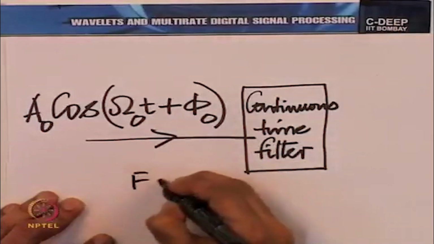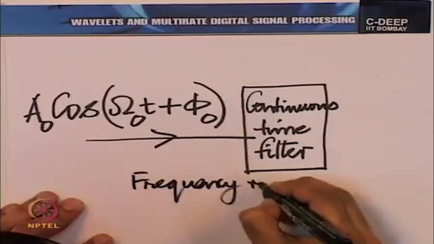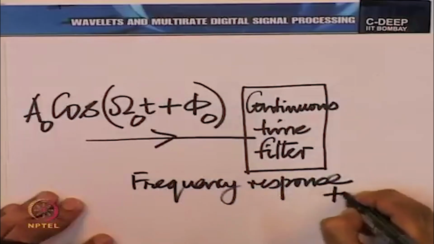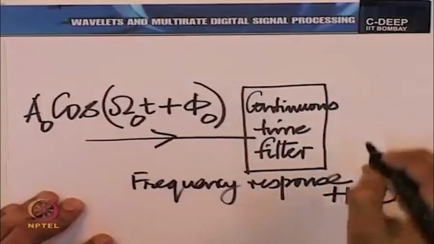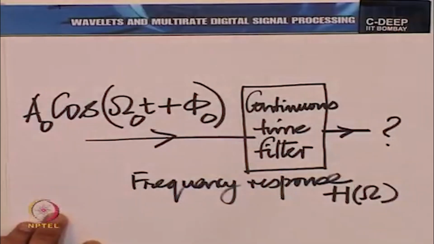With frequency response, let us say H as a function of Ω, what would come out? Very simple. You would evaluate the frequency response, which is of course a complex number as a function of capital omega, at Ω equal to Ω₀.